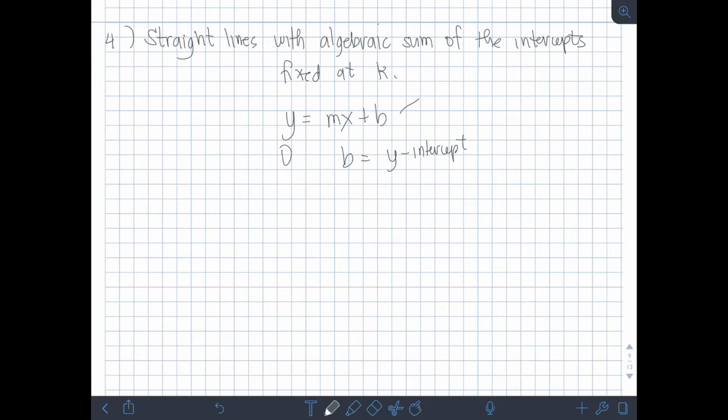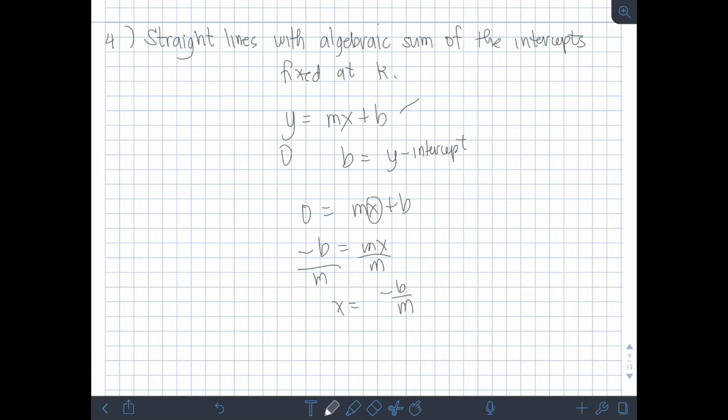And then, isa-solve natin yung x. So, we have 0 is equal to mx plus b. Solving for x, we have negative b is equal to mx, divide both sides by m, we have x-intercept is equal to negative b over m. Okay, so kaya ko sinet sa 0 yung y kasi yung x-intercept ay magta-touch doon sa x-axis.